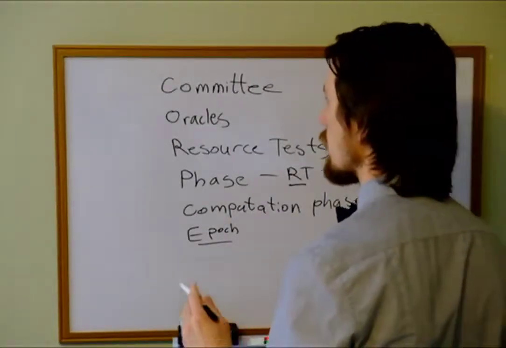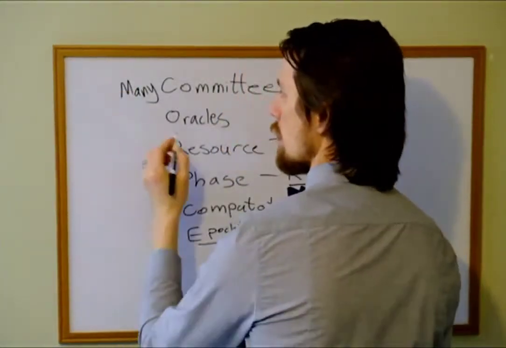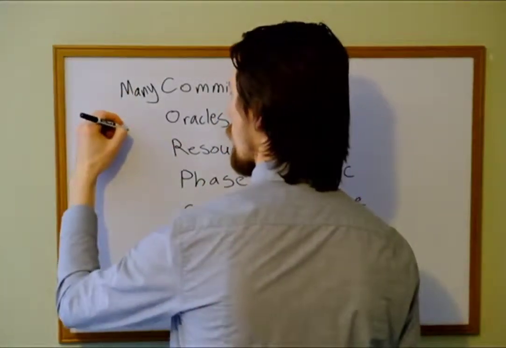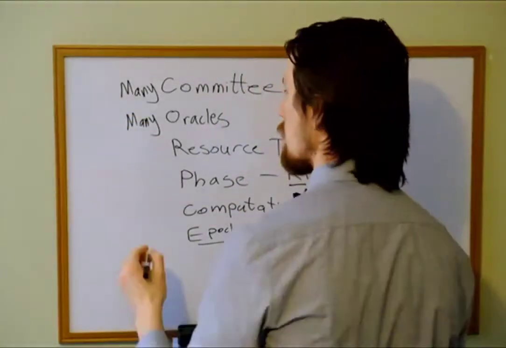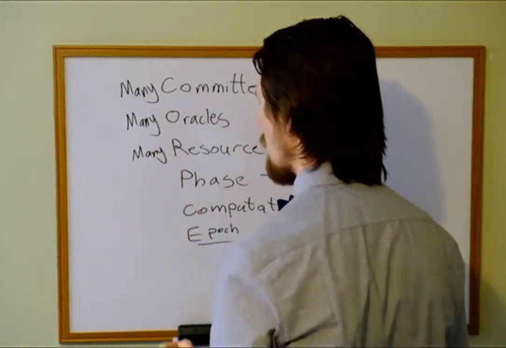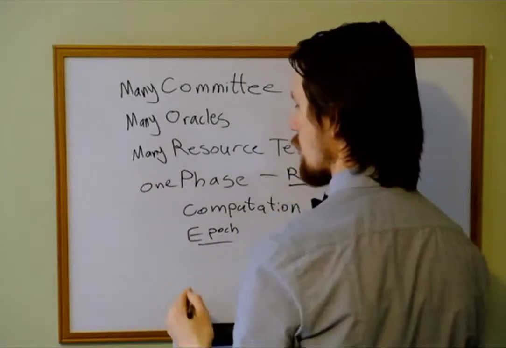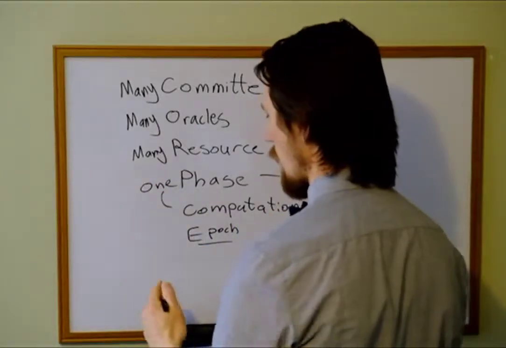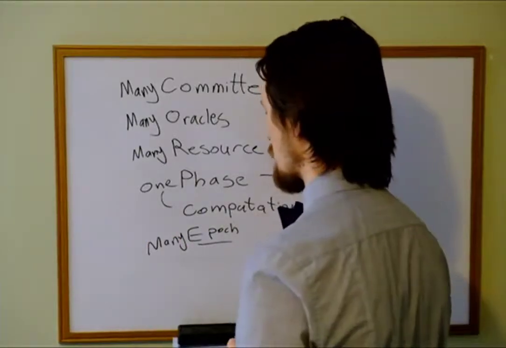So there can be many committees composed of many oracles, each of whom make many resource tests. There is one phase of each of these, and there are many epochs.